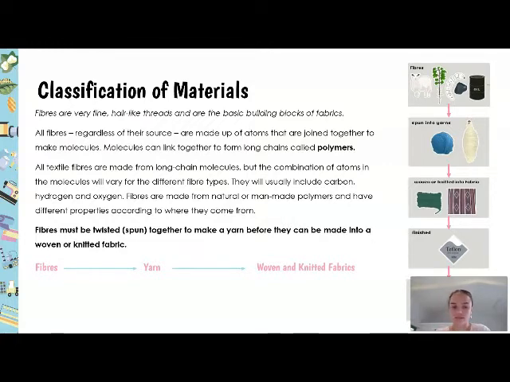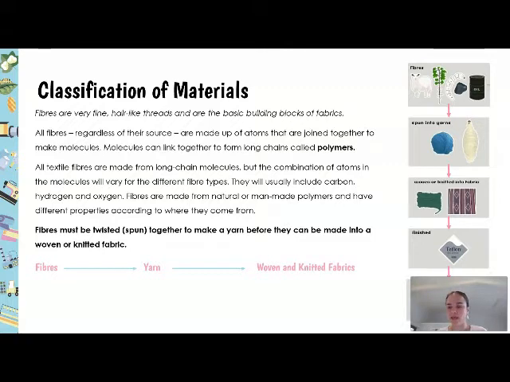We're going to get into this a little bit more. All textile fibres are made from long chain molecules, but the combination of atoms in the molecules will vary from different fibre types. So that's saying it'll vary from, say, wool to cotton, or cotton to polyester.